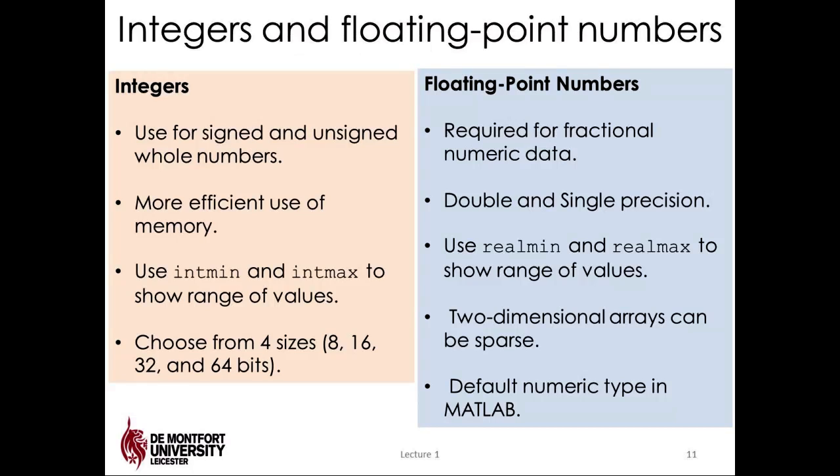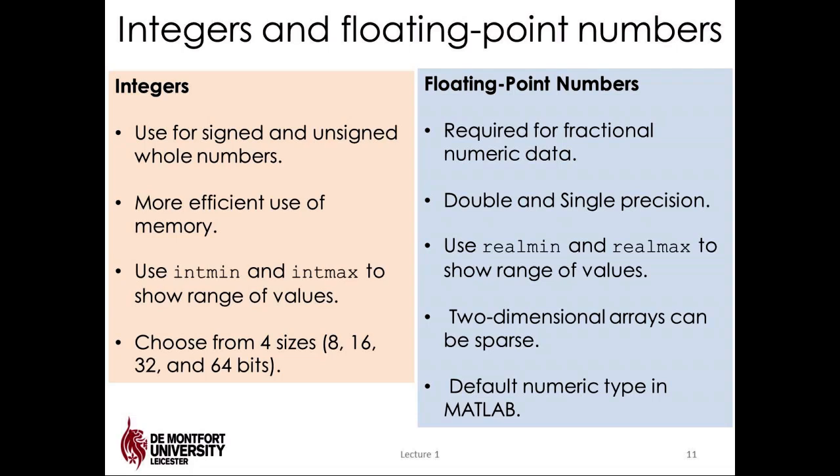So let's take a look at integers and floating point numbers. You can choose to use either signed or unsigned integers. The difference between them is that signed integers use 1 bit of memory to store the sign, either positive or negative. As a result, the maximum value of signed integers will be slightly smaller than that of an unsigned integer, because you have already used up a bit of memory.